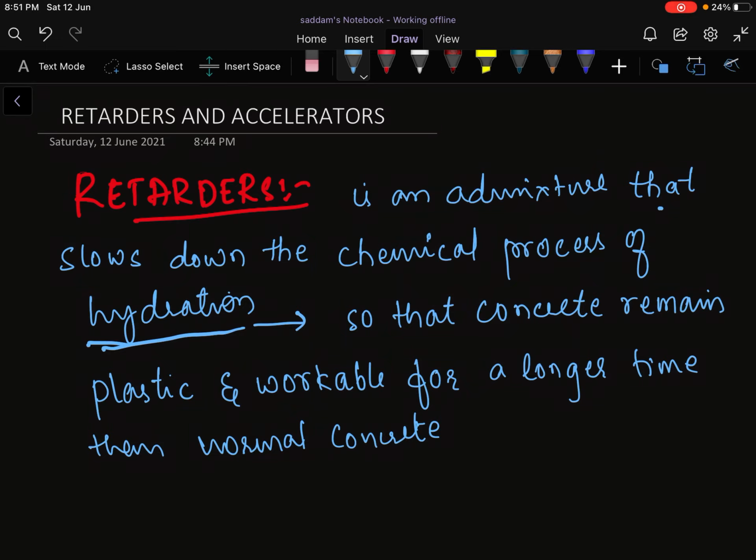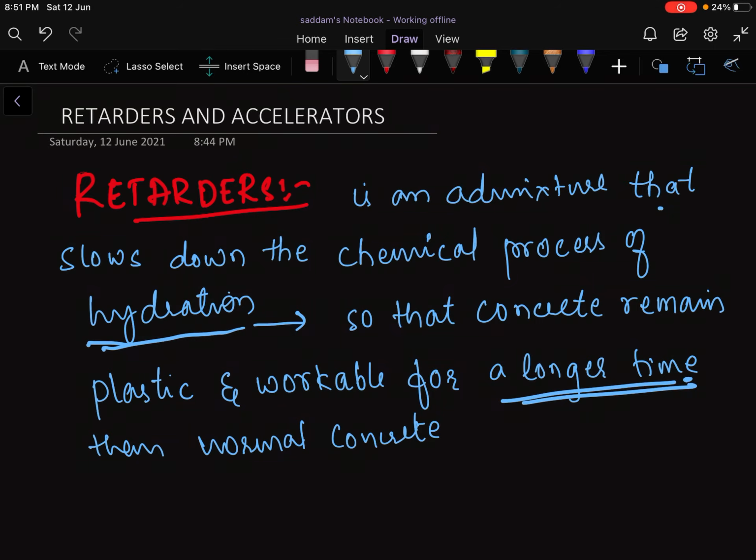So a retarder is an admixture that slows down the chemical process of hydration. Okay. So what is the actual purpose of a retarder? So that concrete can remain plastic and workable for a longer time than the normal concrete. Okay.